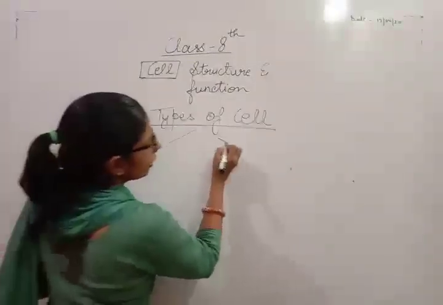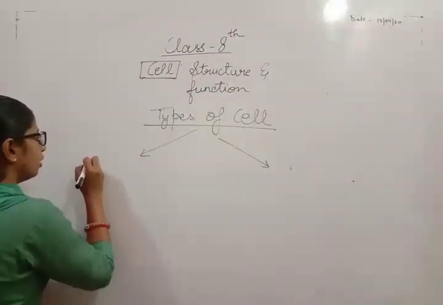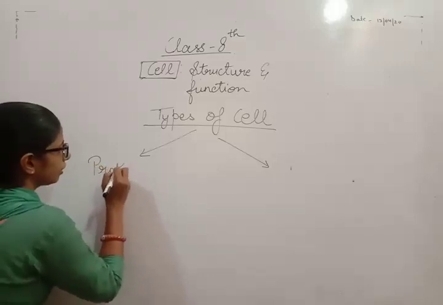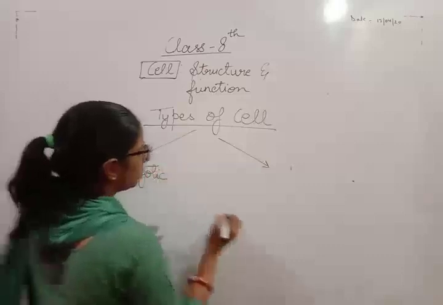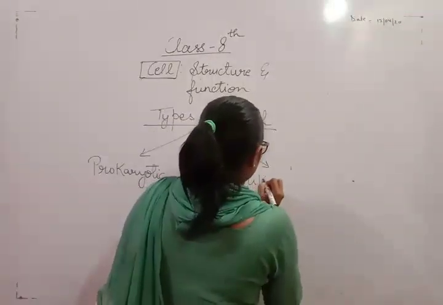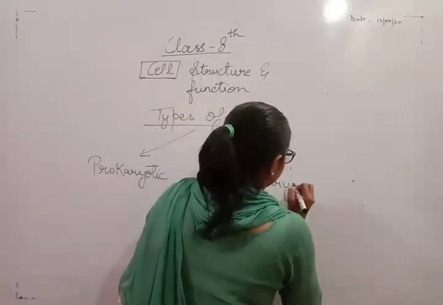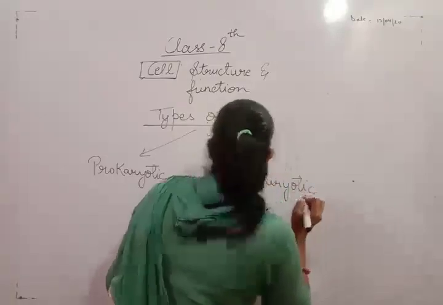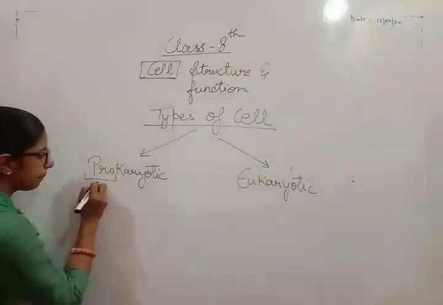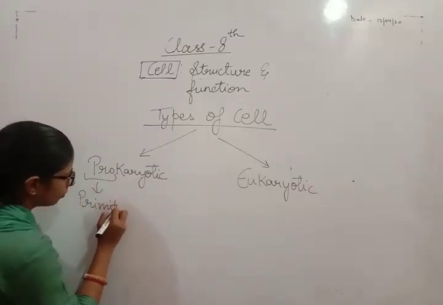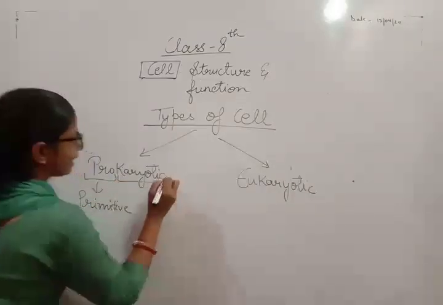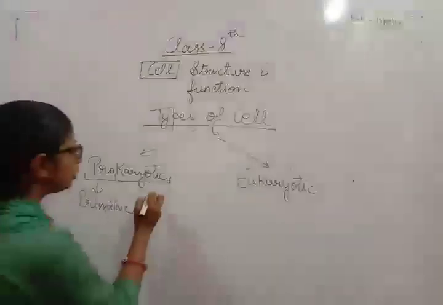Cells are basically of two types: prokaryotic and eukaryotic. As the name suggests, pro means primitive. Karyotic, karyon, means nucleus.